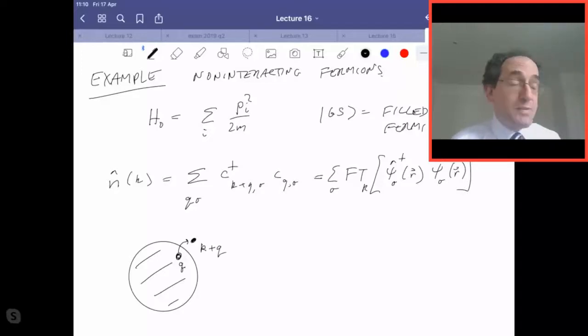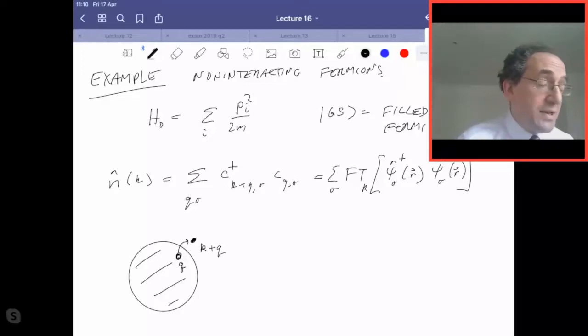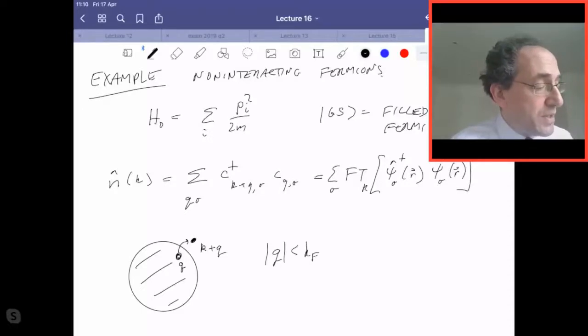And in order for this to be non-zero applied to the ground state, we must have q less than kF and k plus q greater than kF.